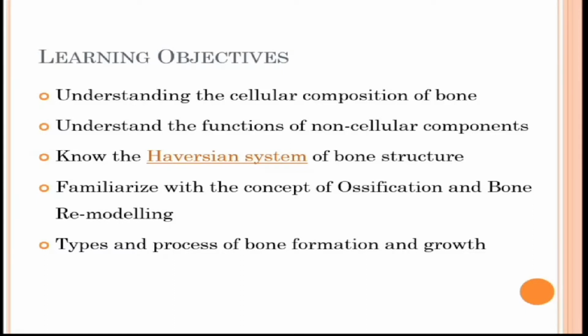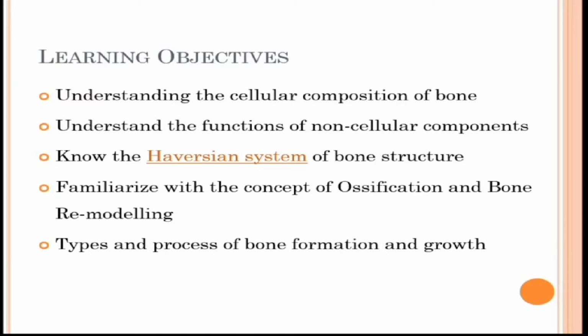Then I will try to familiarize you with the concept of ossification, that is a bone formation process, and the bone remodeling process. And finally, we will be discussing different types of the bone formation, whether they are formed as intramembranous bones or the flat bones in the babies before birth, or whether they have formed from the cartilaginous templates.